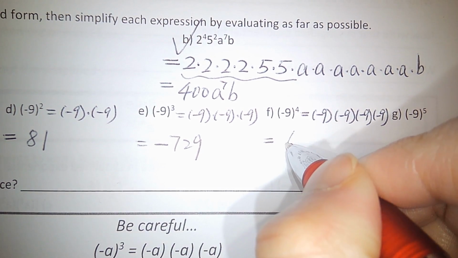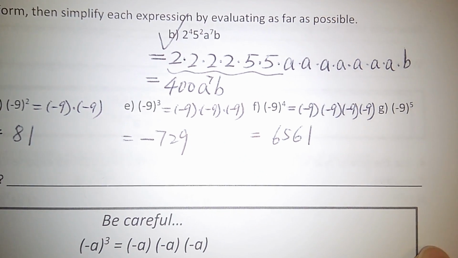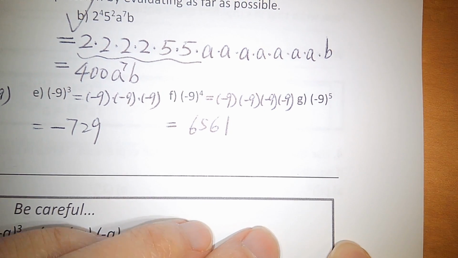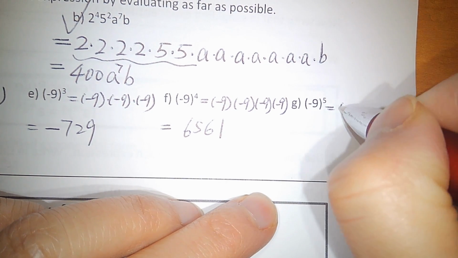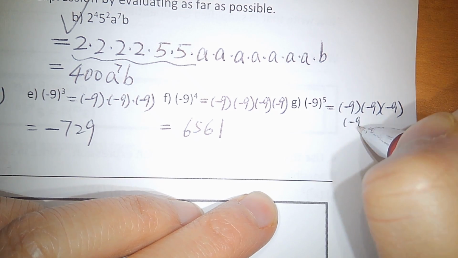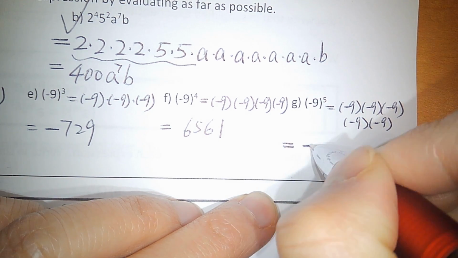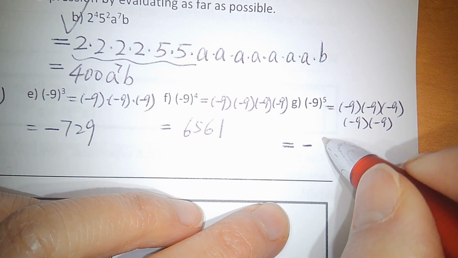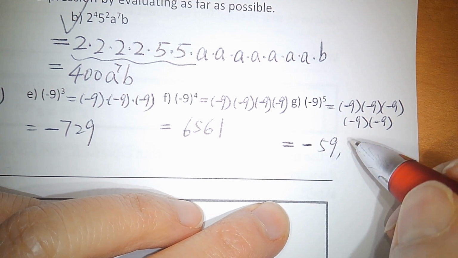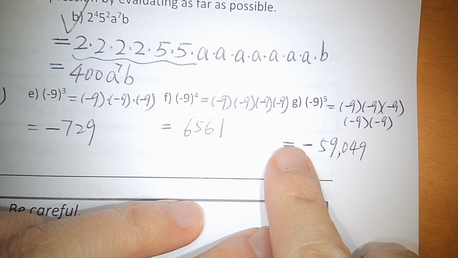I get 6,561, right? And then negative 9 to the 5th power, 5 of negative 9 multiplied together. Negative 59,049. Yeah, 59,049. So it is negative, right?